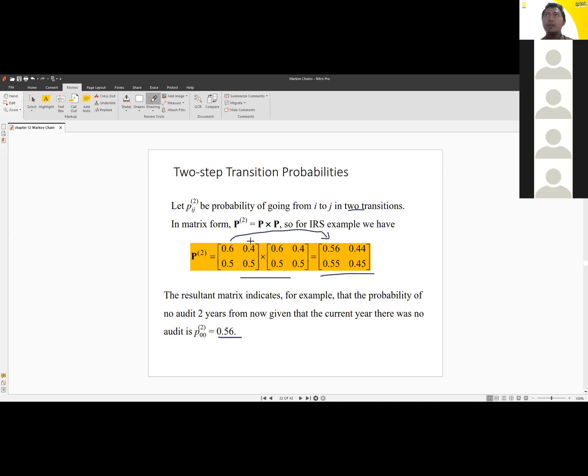No audit to audit is increasing. Audit to no audit is increasing, and audit to audit is decreasing.